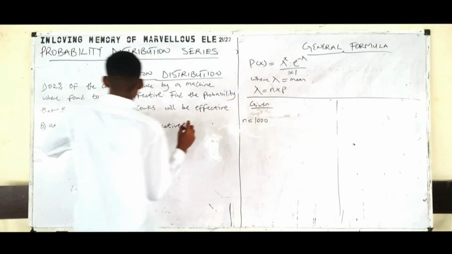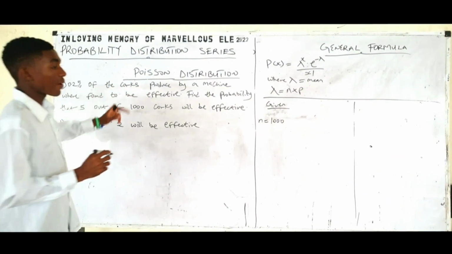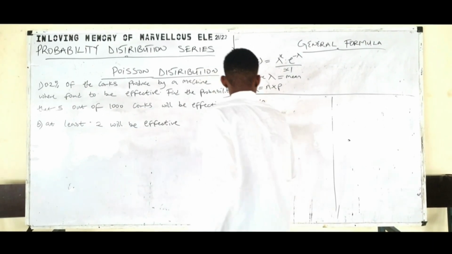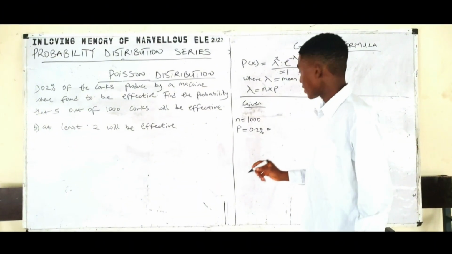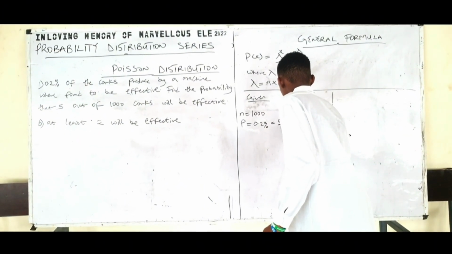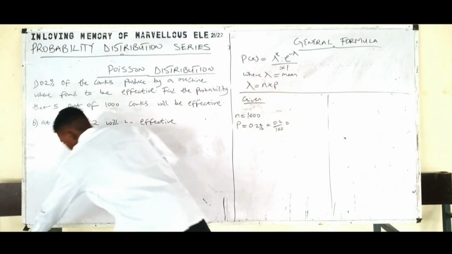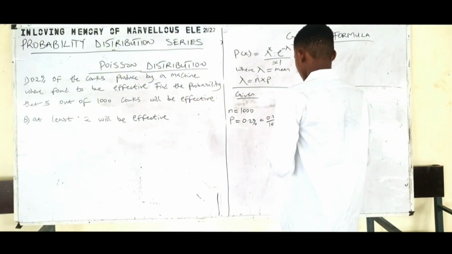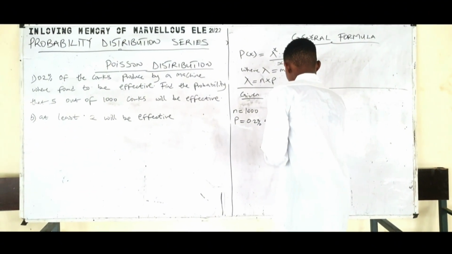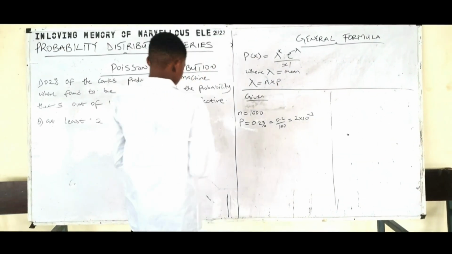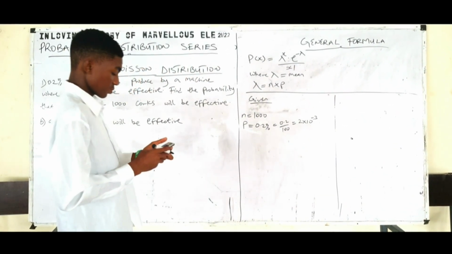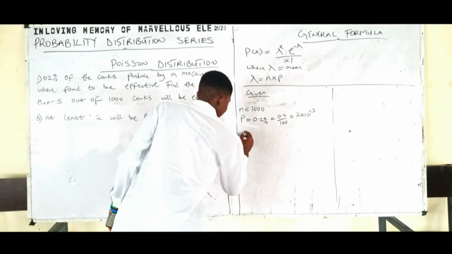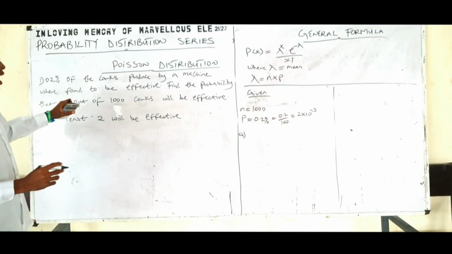So 0.2% out of the coats, meaning our P, our success, is what? 0.2%, which converting to decimals is 0.2 over 100, which gives you 2 times 10 raised to the power minus 3. So these are P.